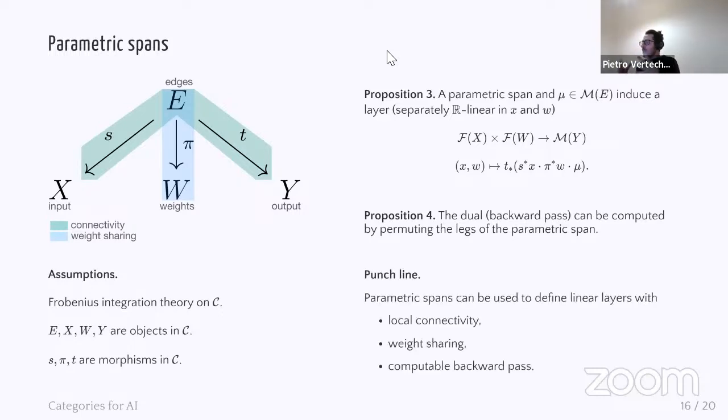So to sum it up, the punchline for parametric spans is that they can be used to define linear layers with local connectivity, weight sharing, and a computable backward pass. So they tick all the boxes that we had said were the requirements for a linear layer.